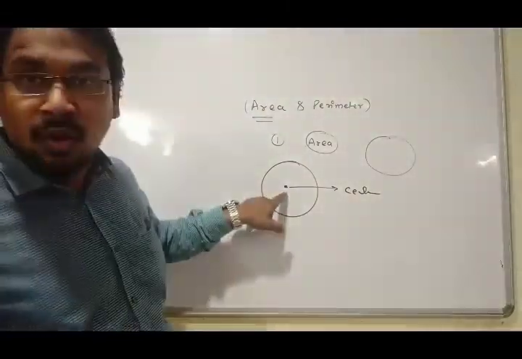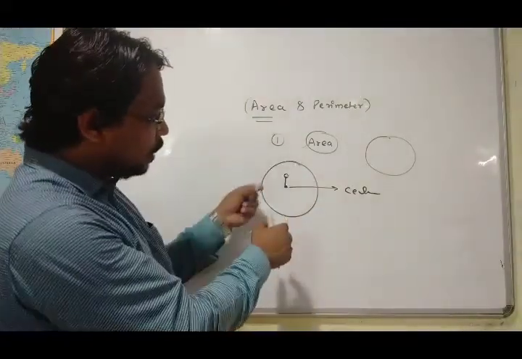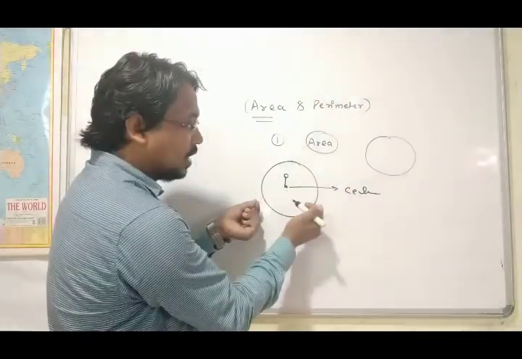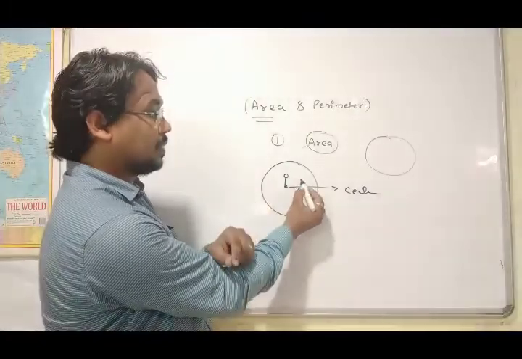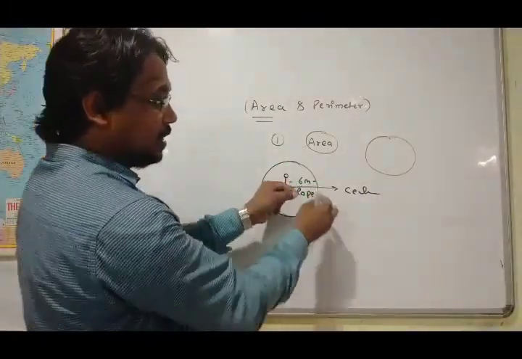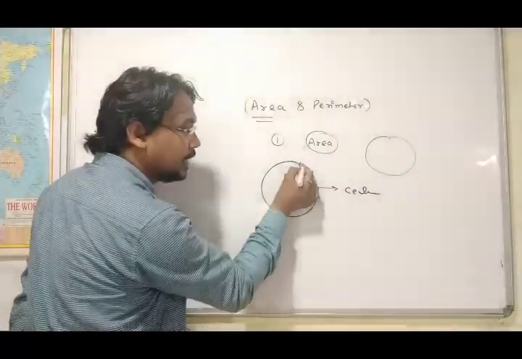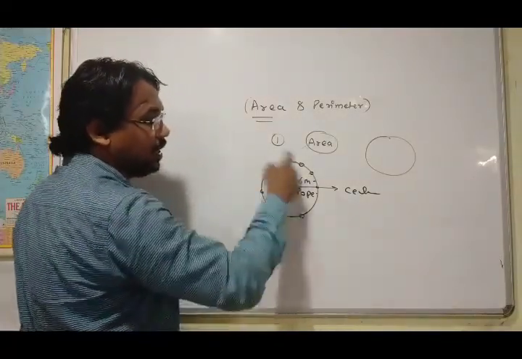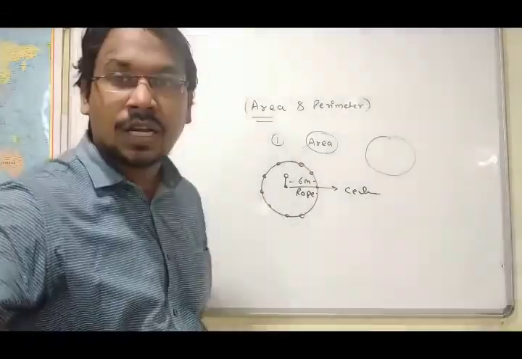They put a nail over here, and then they tied a rope to it. Let's suppose this rope is 6 meters in length. Then they took the nail and kept it here, and by using the nail through this point, they made a circle.